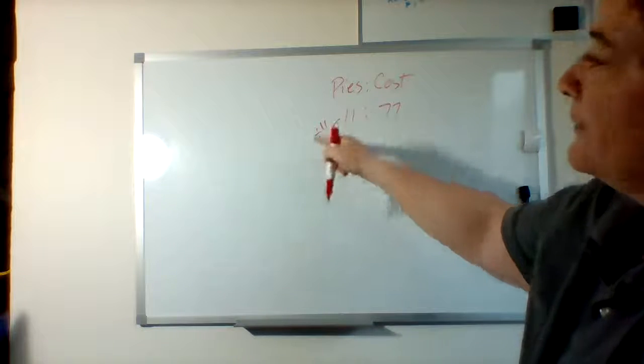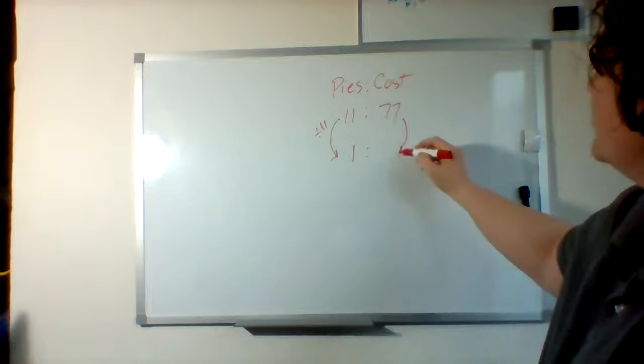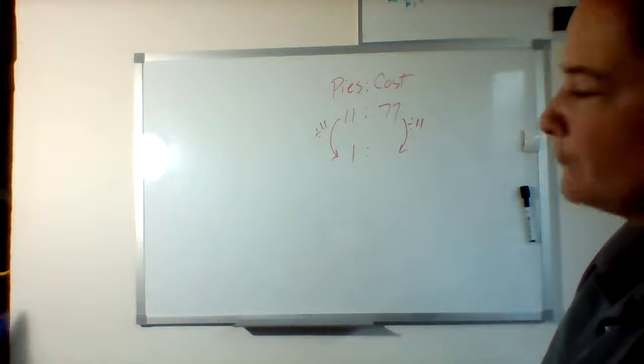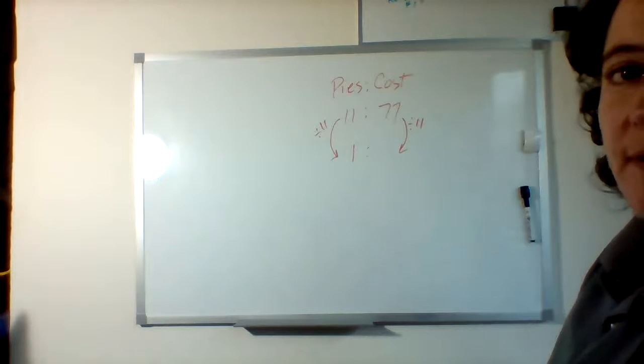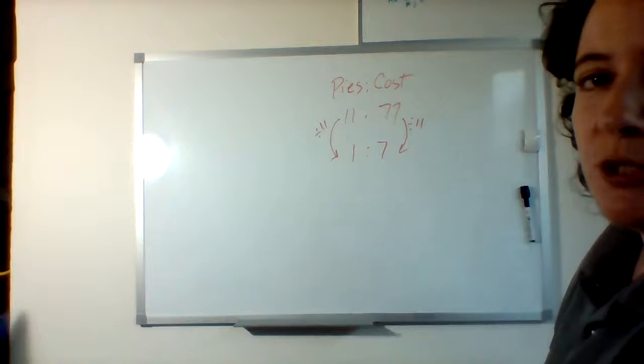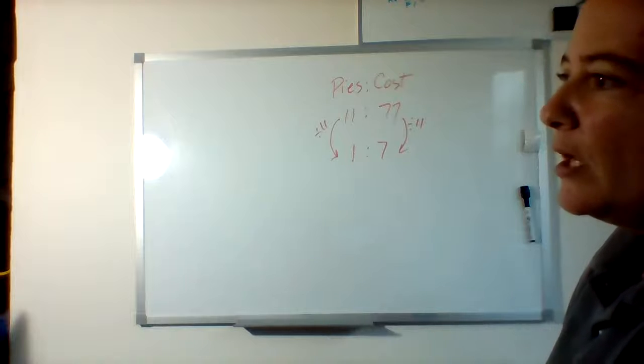If I divide 11 by 11, then I have to do the same thing over here. Otherwise, it's not an equivalent ratio. So what's 77 divided by 11? Exactly.